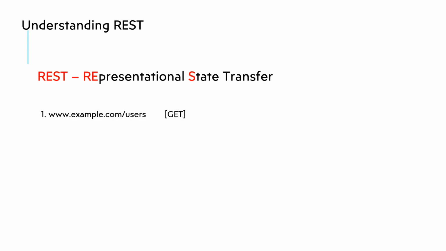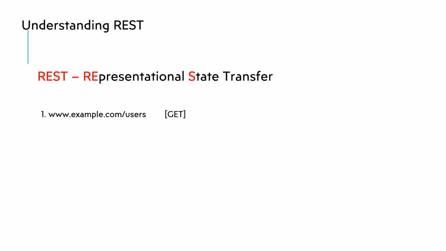For example, here you can see we have one URI, and that has users as a resource. When you use the GET verb, it means that you want to get all users, right? So it's like one state of the object.